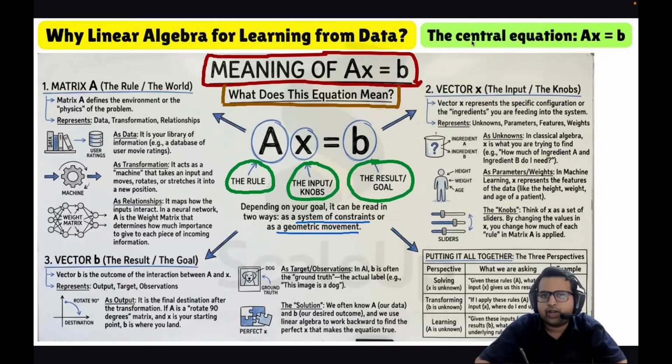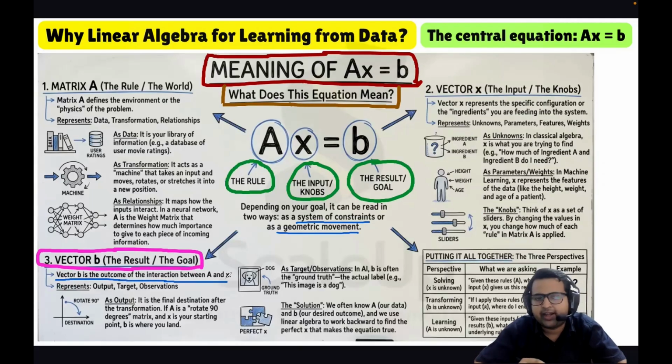Now we can look at the vector b. Vector b is the result, the goal. In simple terms, vector b is the outcome of the interaction between A and x. So when A and x interact, the outcome is what vector b is.